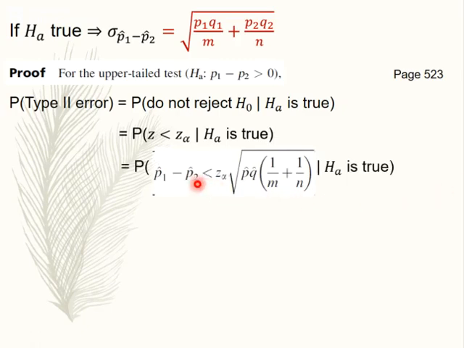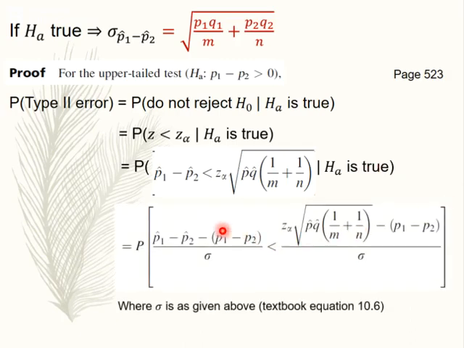Now if you put your test statistic in there, remember it's p hat 1 minus p hat 2 divided by this. All we did to get this step was multiply both sides to get that part. Now we're assuming HA is true, so we're going to standardize assuming HA is true.